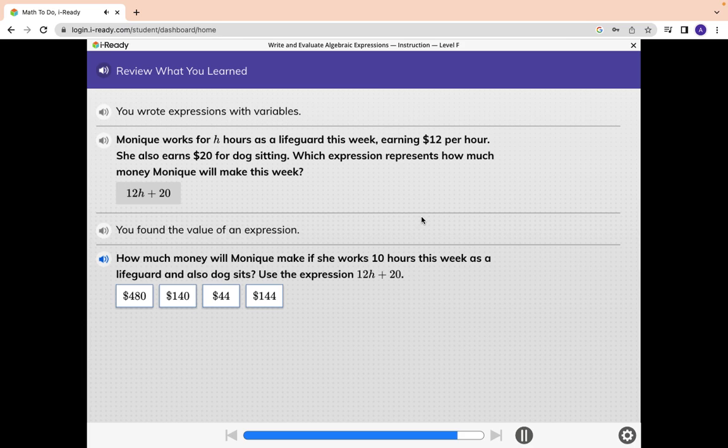If she works 10 hours, so 12 times 10 is $120, plus 20 equals 140.